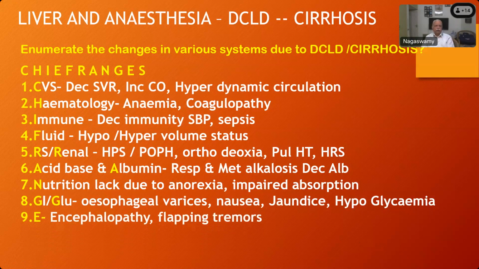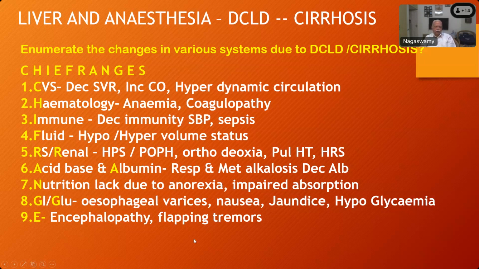I should correct this slide; it's been there for quite some time. Sodium: hyponatremia because of fluid volume overload. Because of the fluid, it can become hypo or hyper, so depending on that, he may have hypo or hypernatremia.